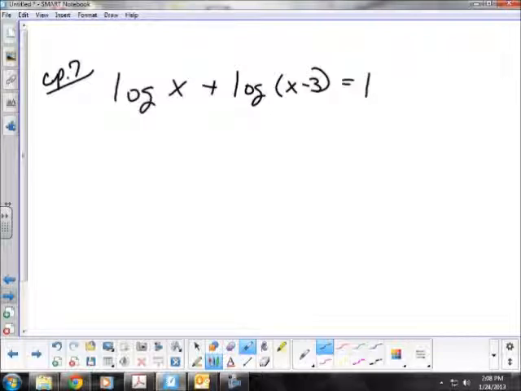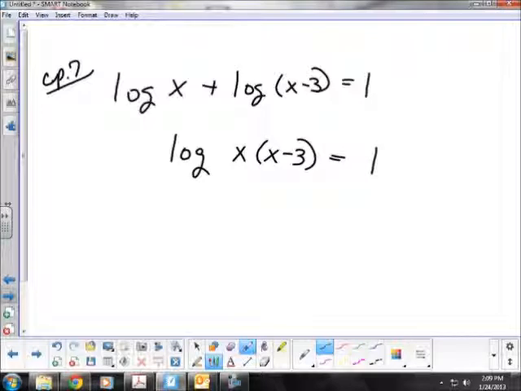And I've got log written how many times in this problem? Twice. So I'm going to use the property of logs that was in section 3 and rewrite this as a single log. So what do I do to the 2 arguments? I multiply them together. So this is the log of x times x minus 3 is equal to 1.